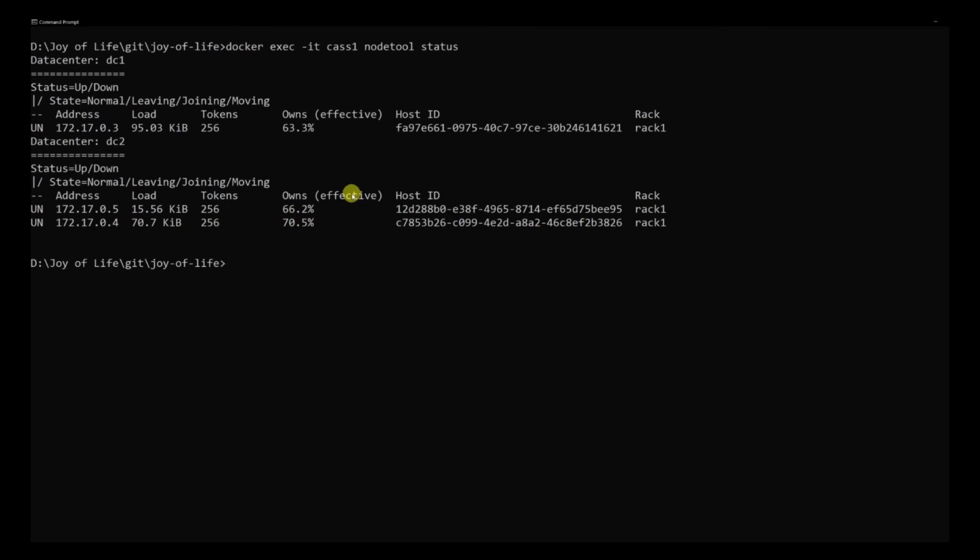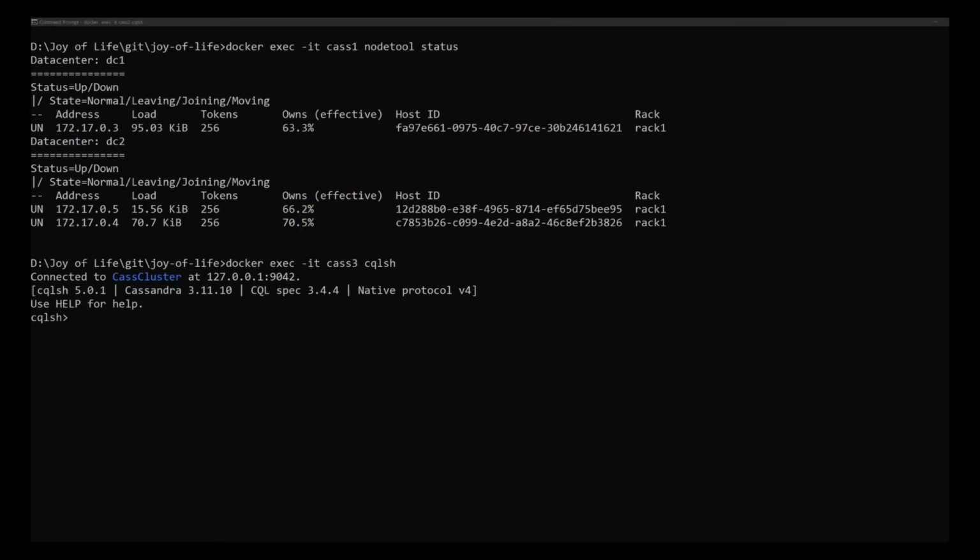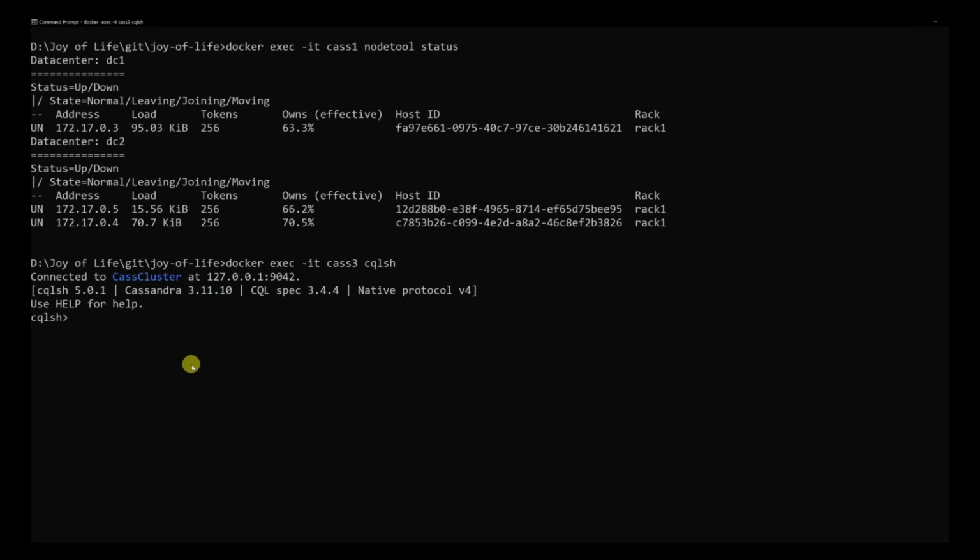Now what we are going to do is go into one of the machines. Any one is fine, it's not that you have to go to any particular machine. We'll go to the cqlsh prompt, and we are going to create a keyspace now. This keyspace will be different from last time.